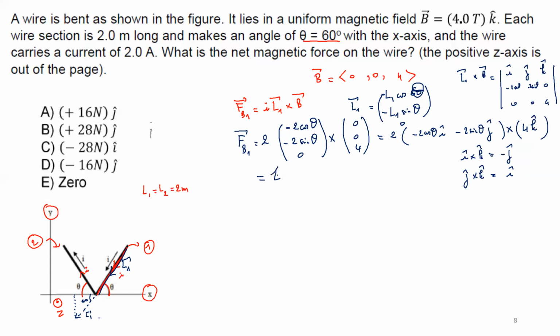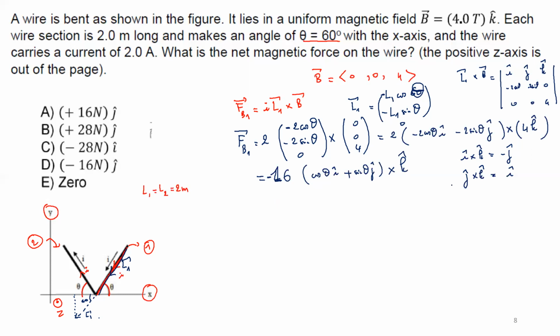So I have -16 times cosine theta I hat plus sine theta J hat, cross K, and then I use this.